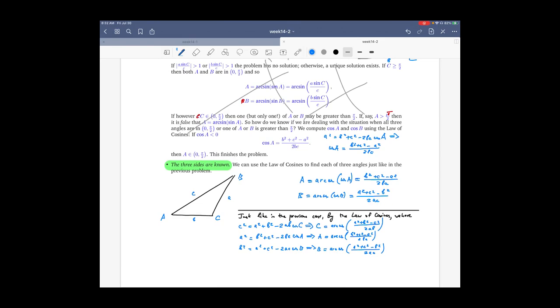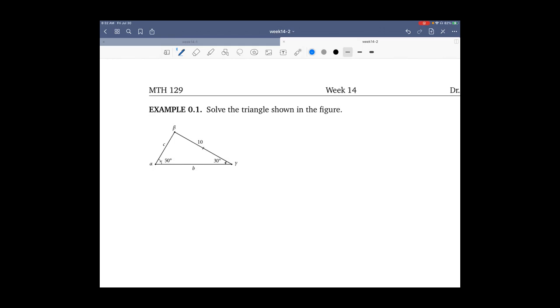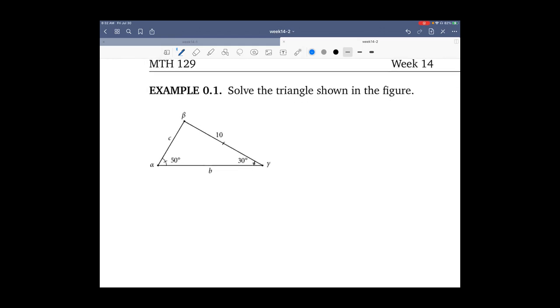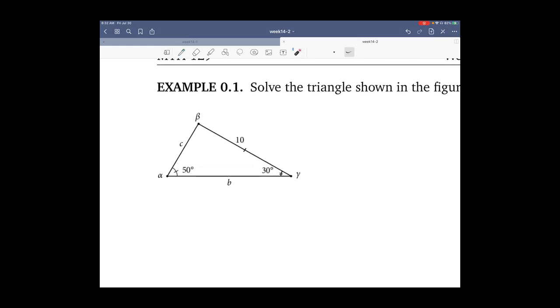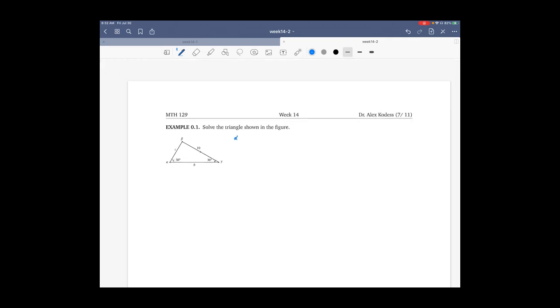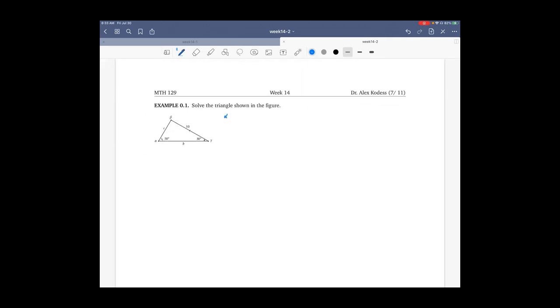In the first of these numerical examples, we are given a problem where we need to solve the triangle shown in the figure. And what do we have here? We have one side known, and we have two angles known, which of course means that we are given all three angles because the three of them must add up to pi, alpha plus beta plus gamma must be 180 degrees.